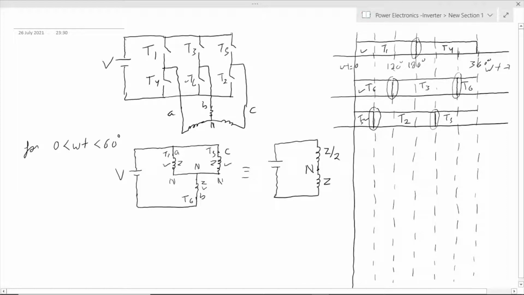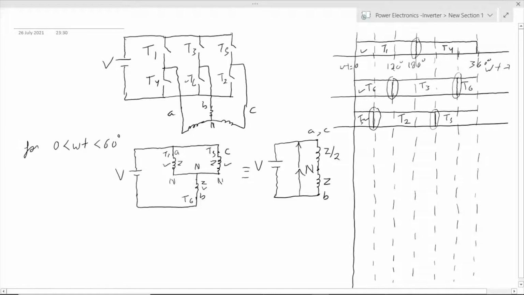Okay, so this is V. So now we can find that this node is A as well as C, and this node is B, and the center point is the neutral point. So what will be the voltage across this point and voltage across this?